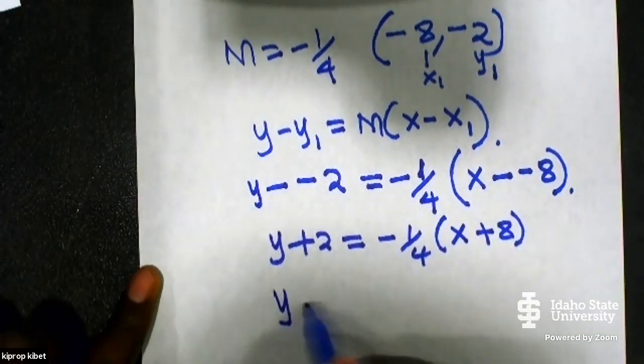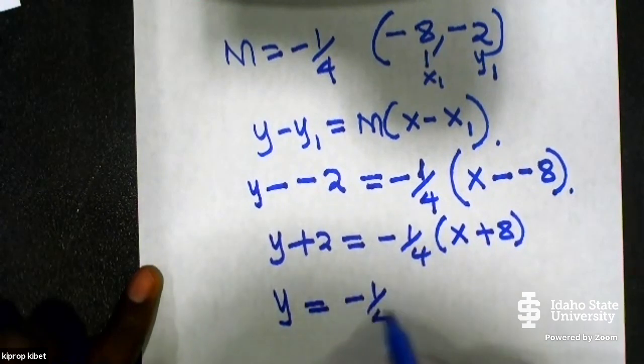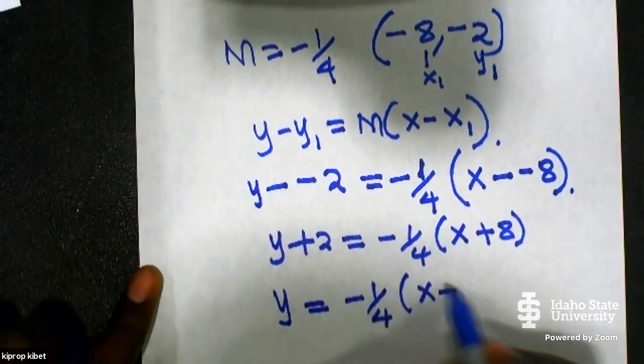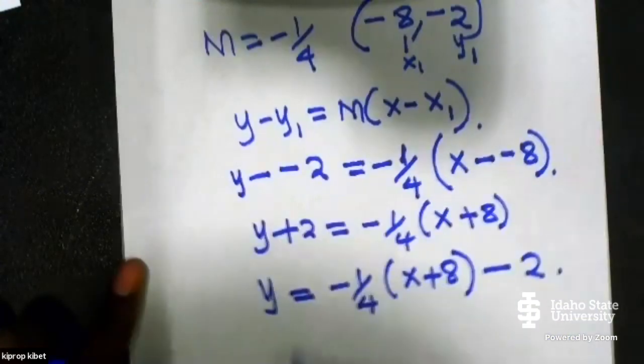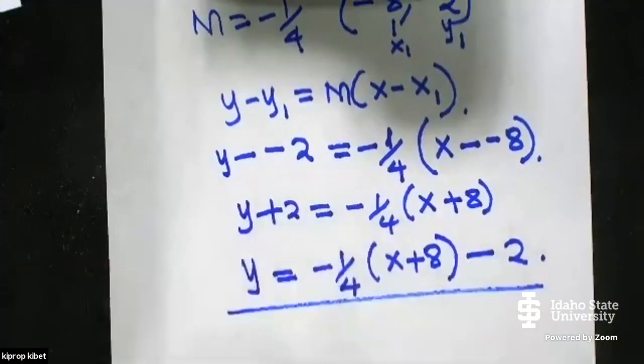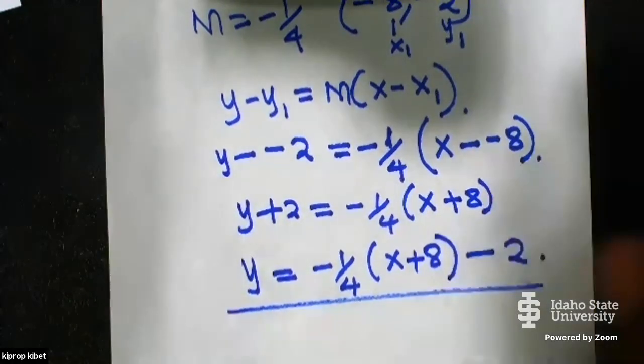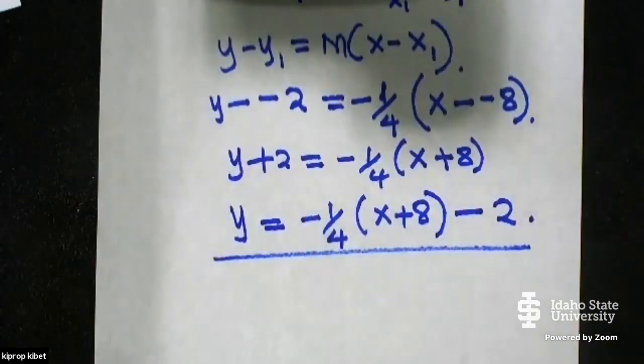So y equals minus 1 over 4 times x plus 8, and then minus 2. This is what Newton is accepting, but you can simplify this further.